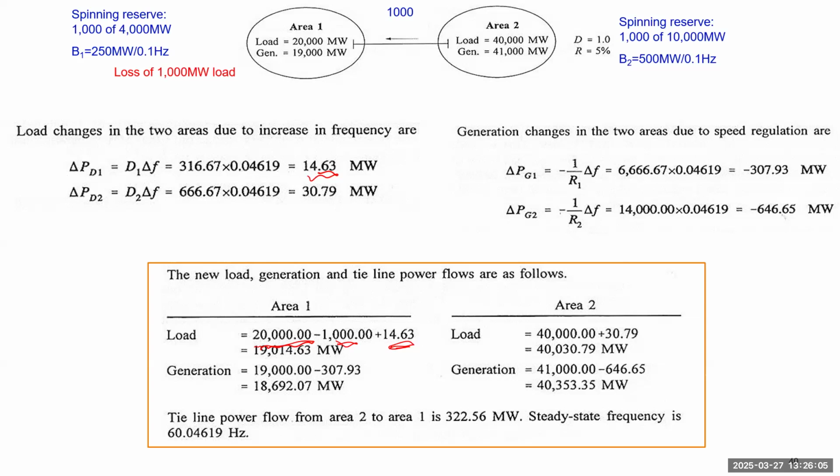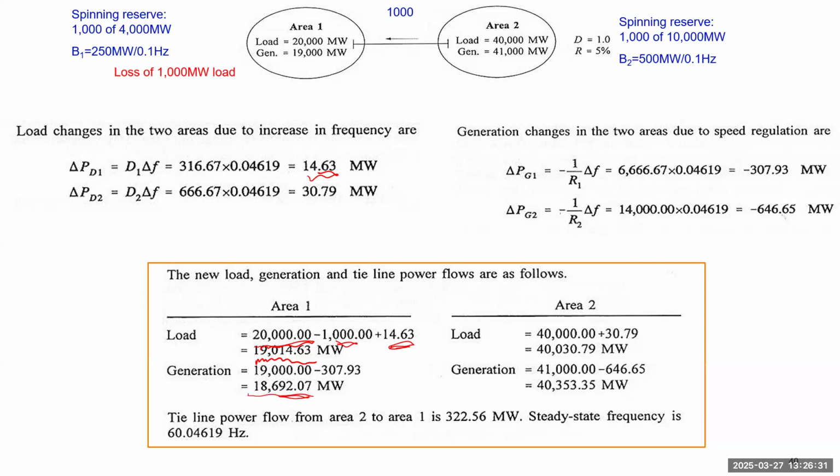The new load in area 1 will be slightly lower than the original value, because you first lose 1,000 megawatt, but also increase a little bit of frequency dependent load due to the increase of frequency. The generation is decreased.